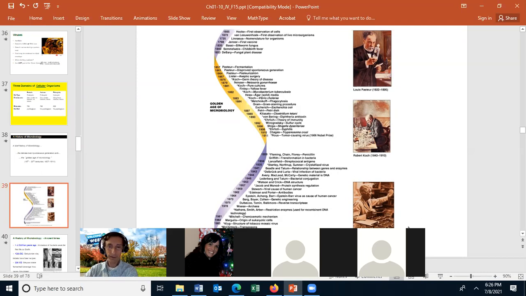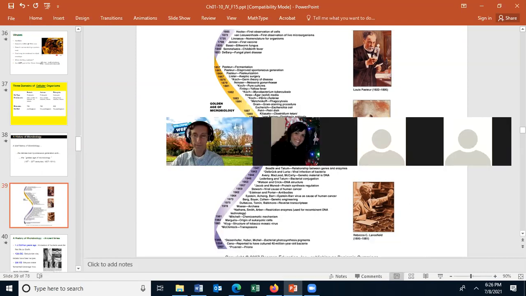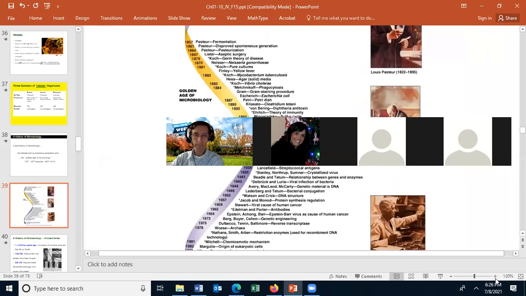Let me see if I can read any of that. There we go. In 1953, Watson and Crick published their model for the structure of DNA, meaning how DNA looked and a little bit how it functioned.